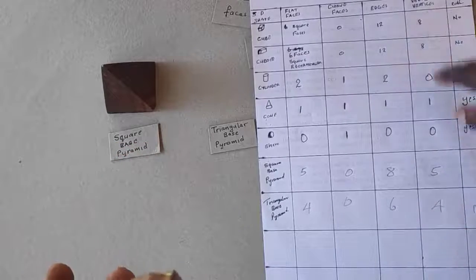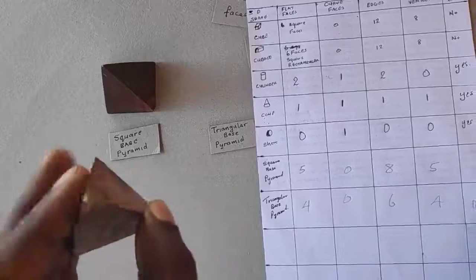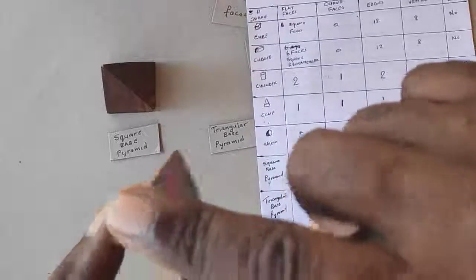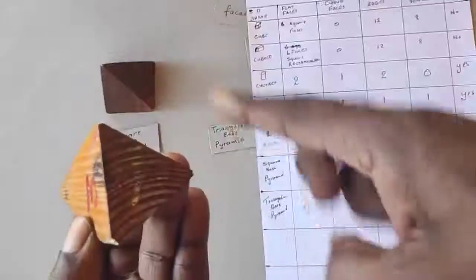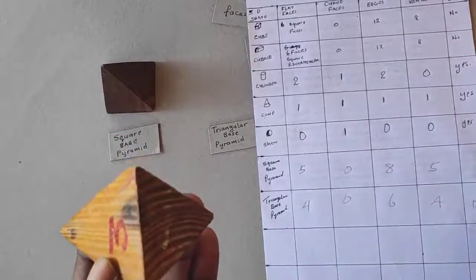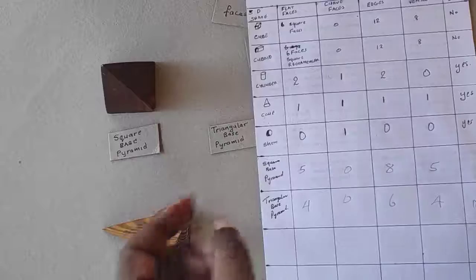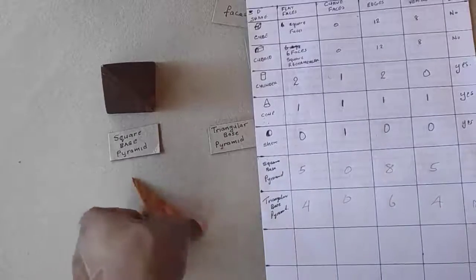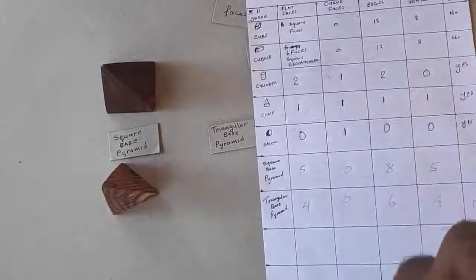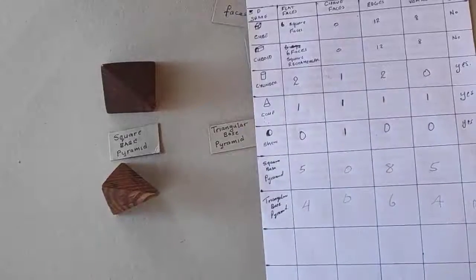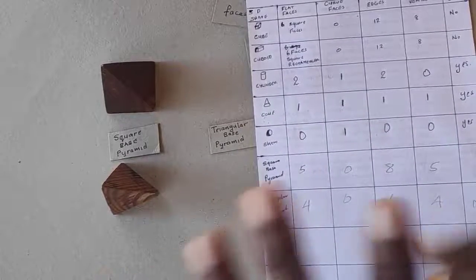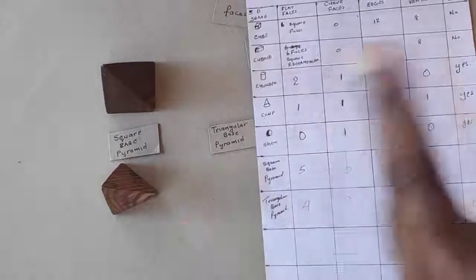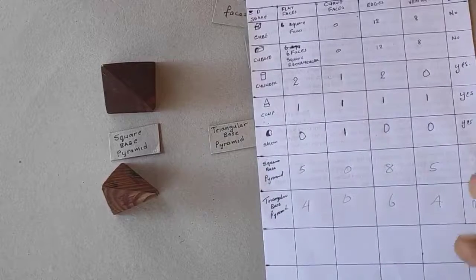And how many vertices, points? We count 1, 2, 3, 4. It has 4 vertices. Can it roll? No. So these are the other 3D shapes that we at this level should know about. There are many more, but these are the ones that we need to know about at our level in Standard 3. Alright?